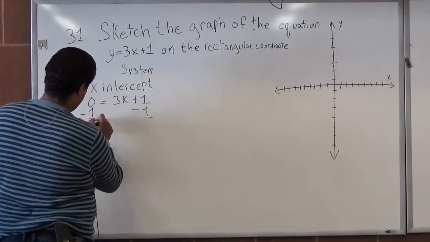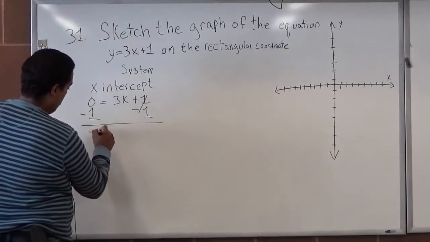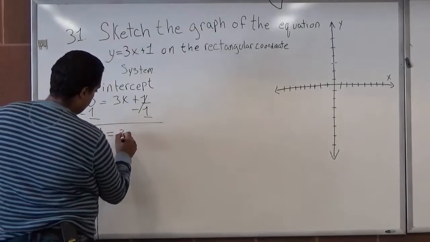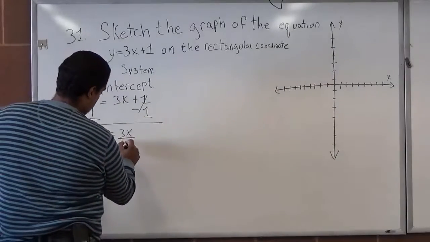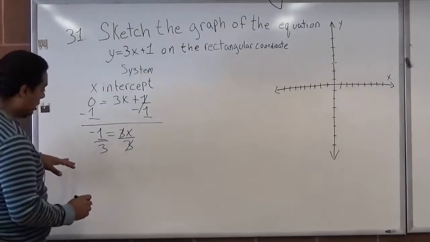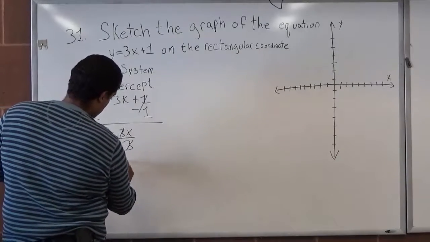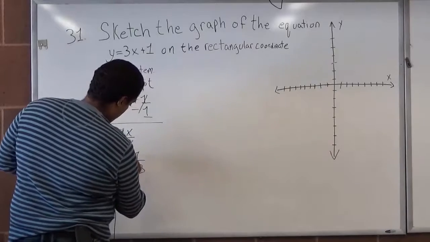These two are going to cancel out. Negative 1 equals 3x. We'll divide 3 from both sides. And these two will cancel out, leaving us with x equal to negative 1/3.